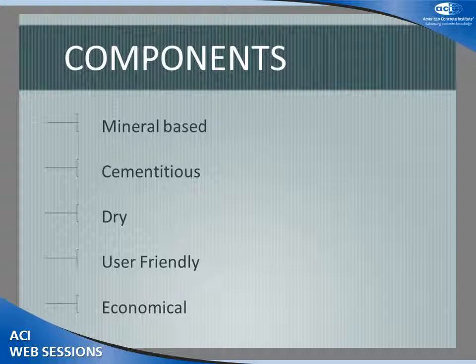Since this is the essence of shrinkage-compensating concrete, maybe we could repeat that. As long as the expansion induced in the concrete mix is equal to or slightly greater than the anticipated shrinkage of the concrete mix, the concrete will never go into tension and the shrinkage cracking will not or cannot develop.